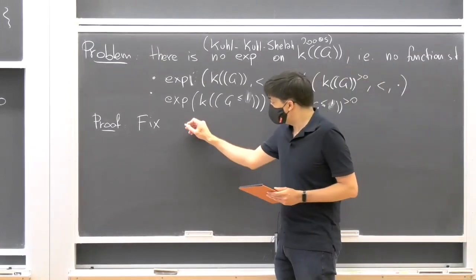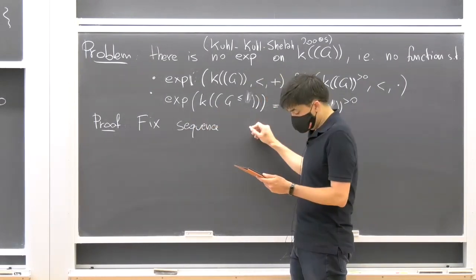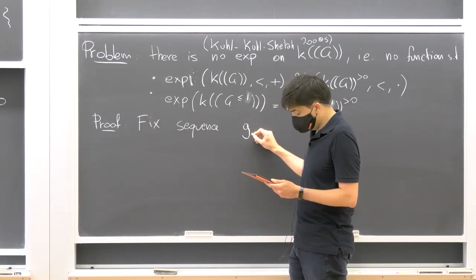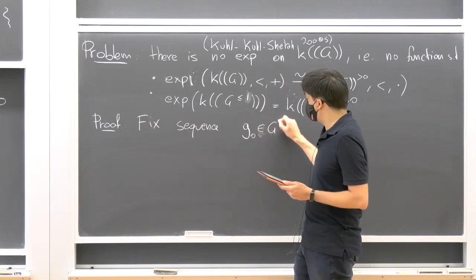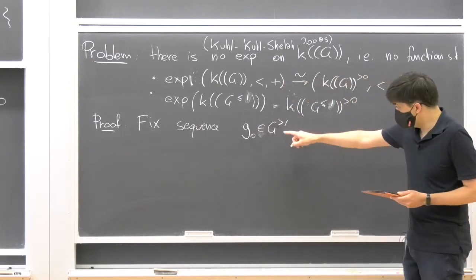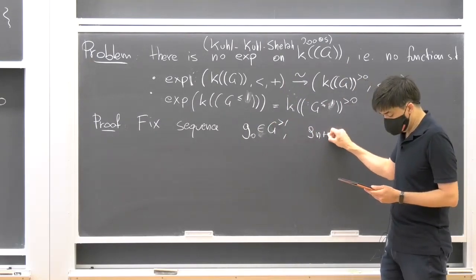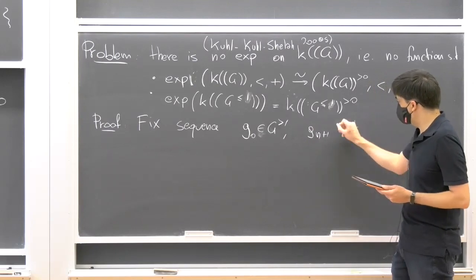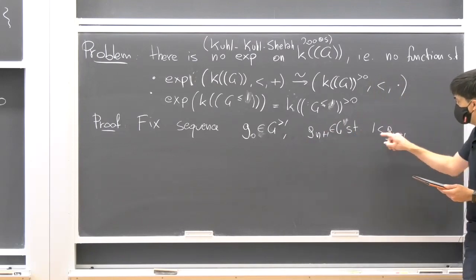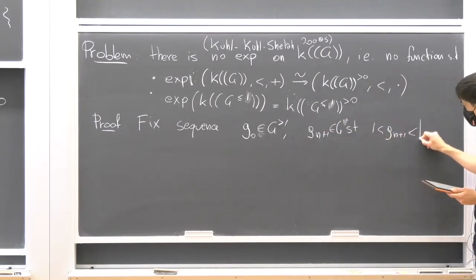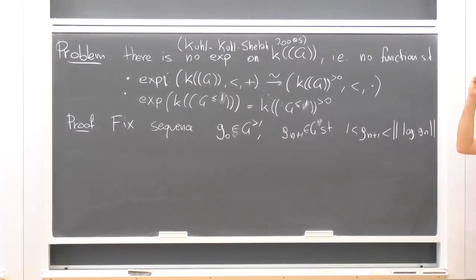Okay, so I take a sequence of monomials, fix a sequence. I take some g_0 in G greater than 1, so an infinite monomial in G. And then I take g_{n+1} in G greater than 1 again, and less than the log of g_n.